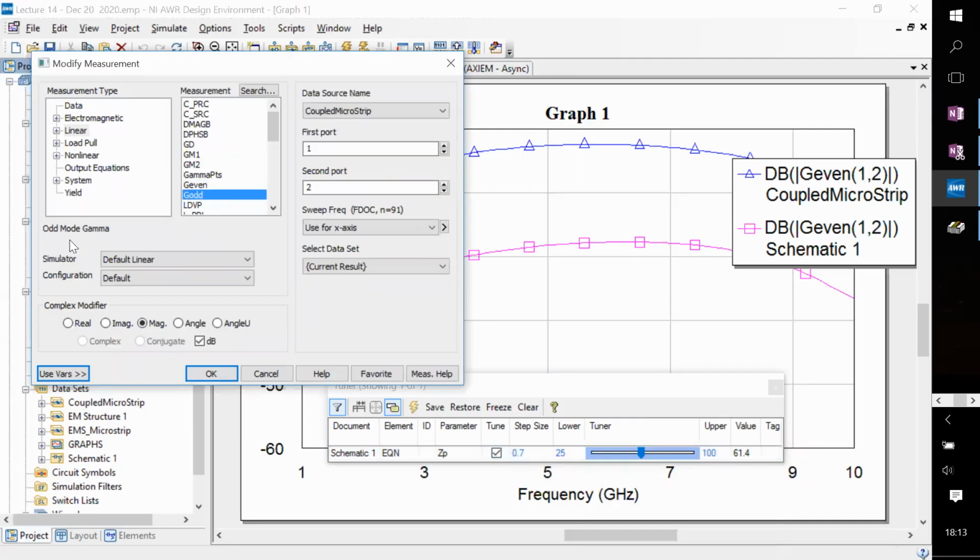Now it's odd mode gamma. This sets up opposite voltages on the two ports with respect to which it is measuring. Sorry, I forgot to mention that even the collected signal is looked at in a particular way. Ideally, that's not a problem here, because if you are exciting an even mode signal, then only the even mode signal will be present.